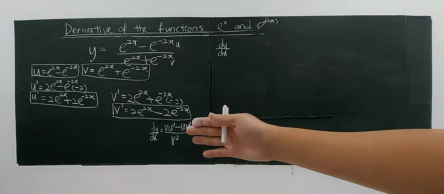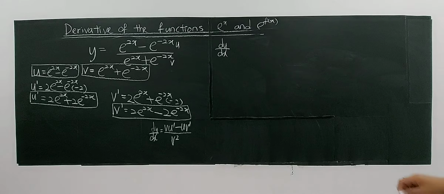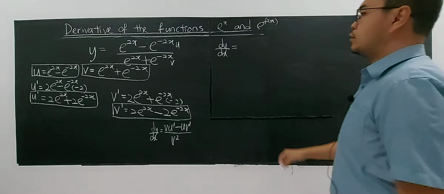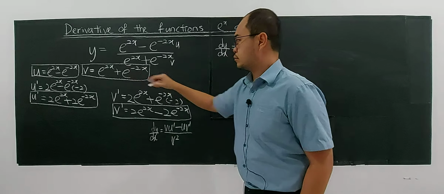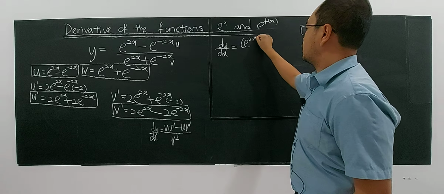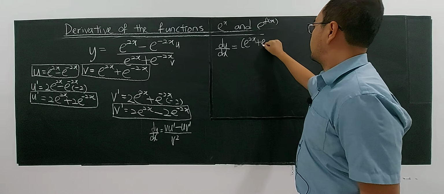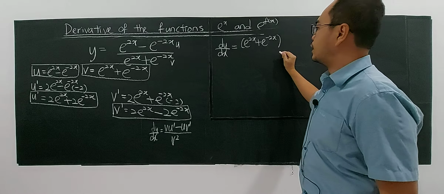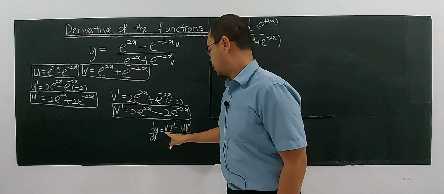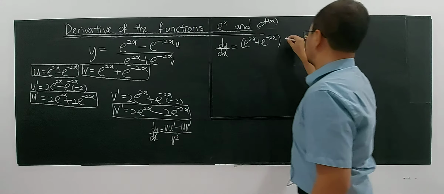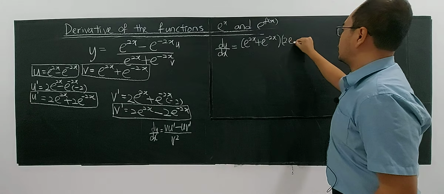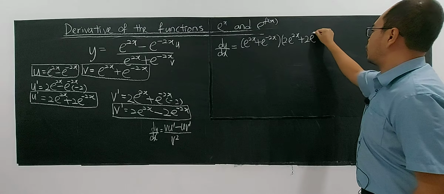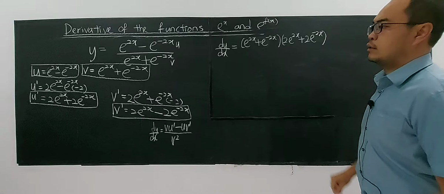The formula must be correct before you apply it. So dy/dx will be your v, e^(2x) plus e^(negative 2x), times your u prime. It involves a lot of algebra here, so you have to be very careful while doing this type of differentiation, right?